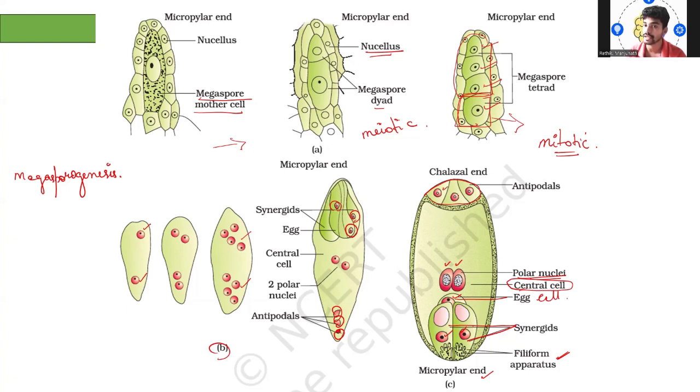Next, here you are seeing another three cells, right? These three cells are in the chalazal end region, and they are called antipodals.